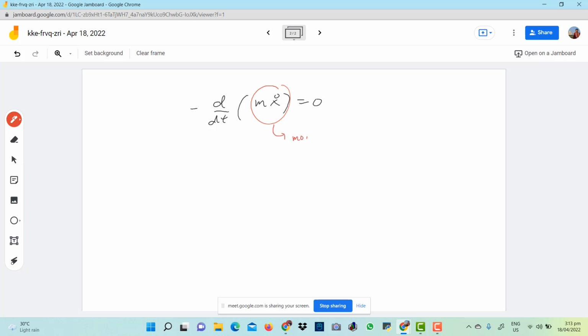So, for a free particle, if the time derivative of this momentum is 0, it means that your m x dot is constant. Sakto? Because derivative of a constant is 0. So, doon na sa free particle, ang iyang momentum kay constant lang.